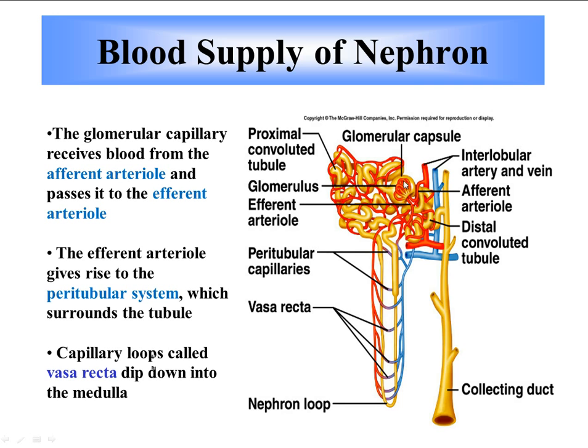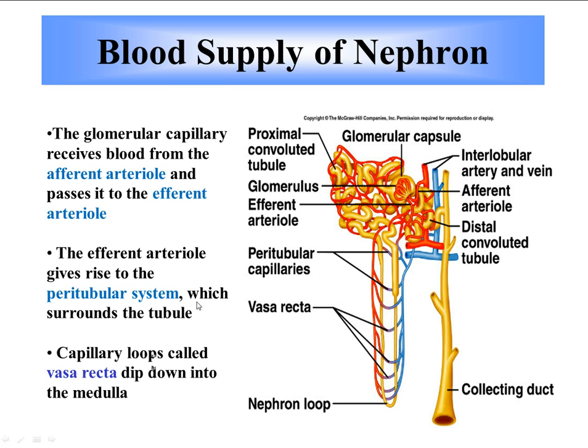It passes through the glomerulus, and as it comes out, it gives rise to the efferent arteriole, and that branches off and continues around these convoluted tubules, and one branch extends down around the nephron loop and forms the peritubular capillaries.